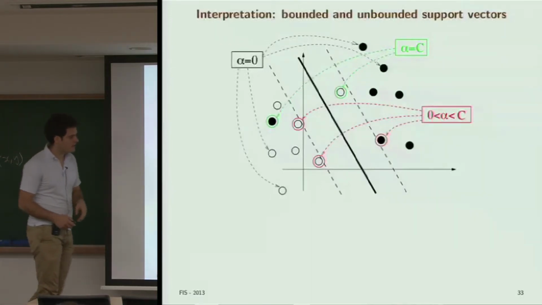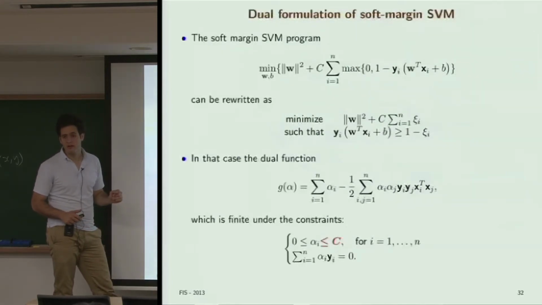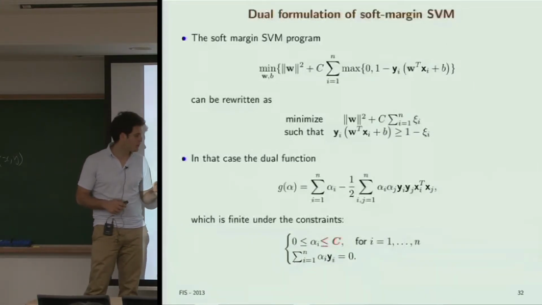So what you can see is that the C coefficient here plays a very important role. Basically, C controls how much influence the errors can have on the surface W. If C here is very close to 0, then even the mistakes will not play a very important role.